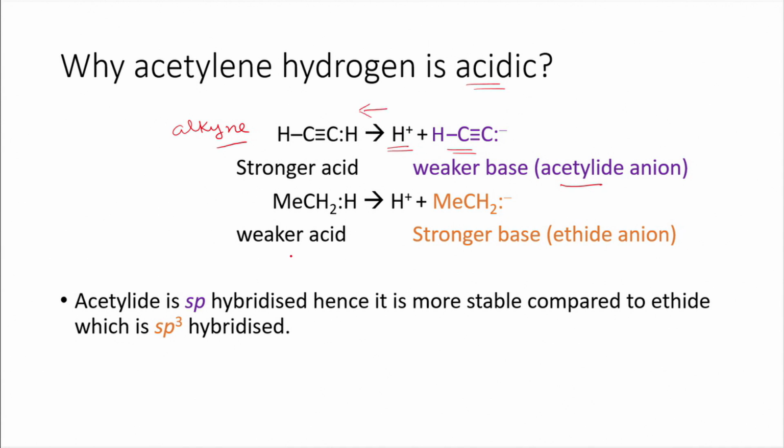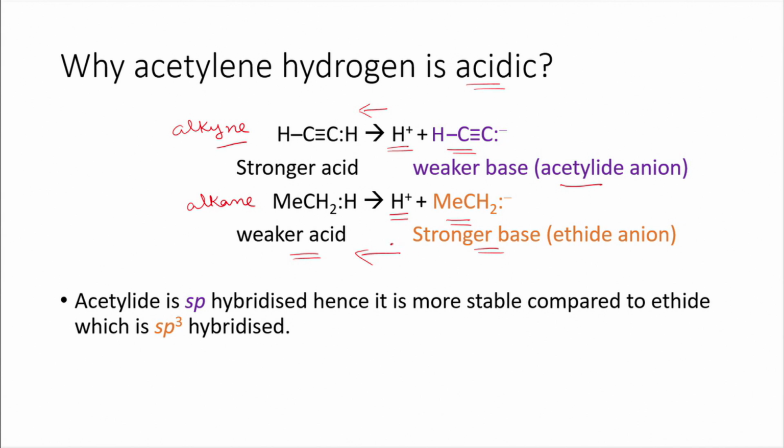And when we look at the alkanes, this is another example we just discussed earlier. When an alkane gives out an H plus ion, we end up with a stronger base. Ethide ion is a very strong base. So, in this particular system, the reaction proceeds via this direction and not in the forward direction.